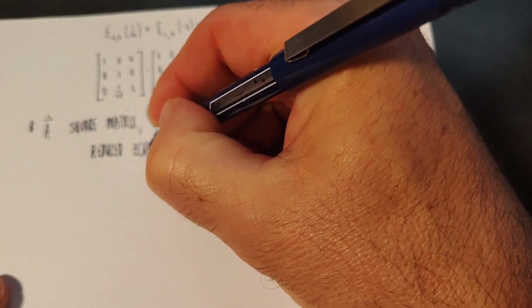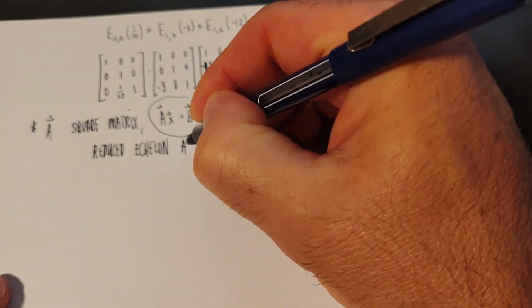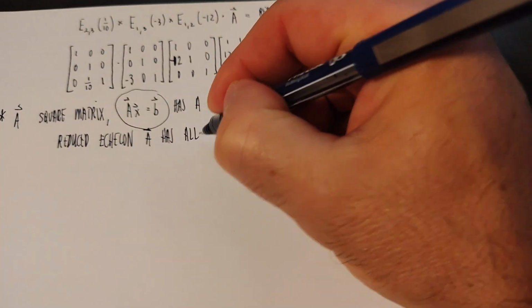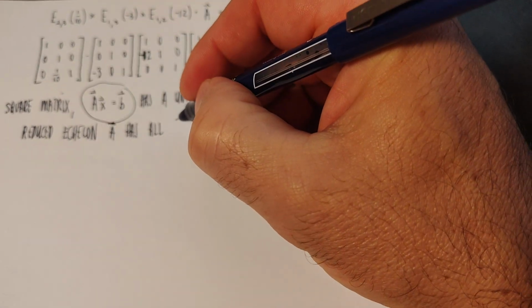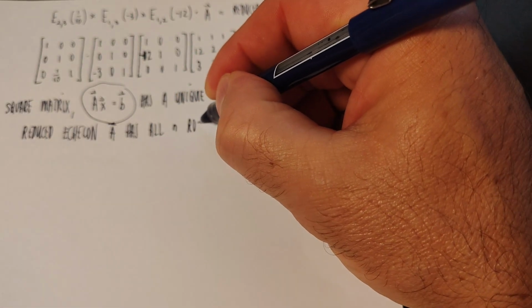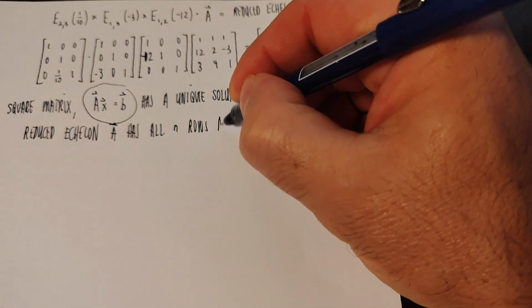So reduced echelon A has all n rows as non-zero.